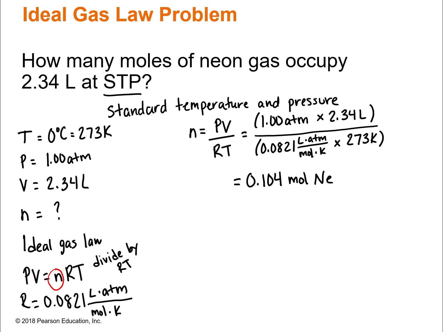Does this make sense? This is a very simple application of the ideal gas law. Let me know if you're ready to move on, and I'll do another problem, or if you have questions.